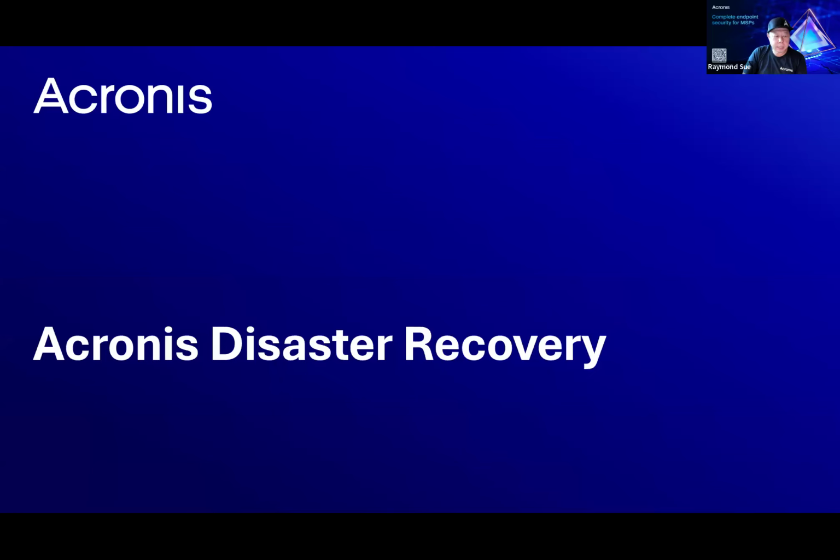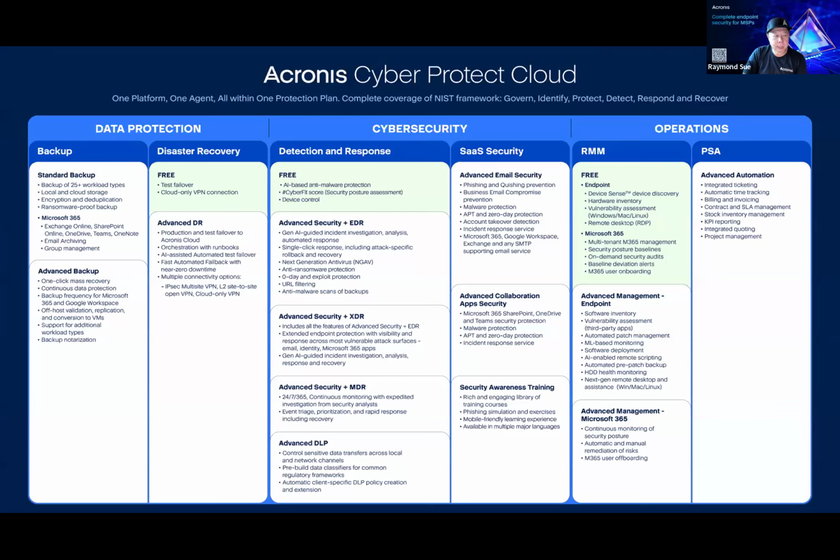So today we're going to talk about, like I said, disaster recovery, and specifically disaster recovery to Azure, which is our new offering. The Acronis Cyber Protect Cloud consists of data protection, cybersecurity, and operations. Advanced DR is going to be the prime focus of today. We've offered disaster recovery to the Acronis Cloud for many, many years now.